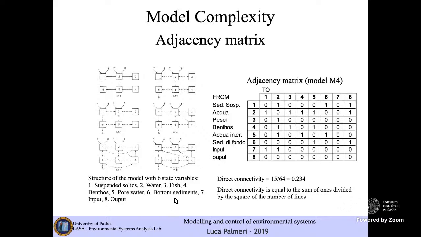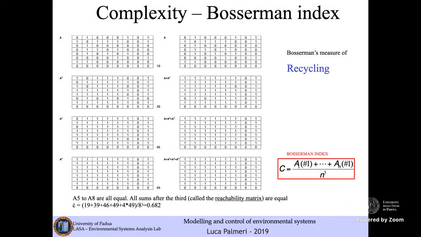In this case, the state variables are 8, so we divide this number by 64, that is 8 by 8, and we obtain a direct connectivity of 0.234. Again, direct connectivity, I recall, is equal to the sum of ones divided by the square of the number of lines.